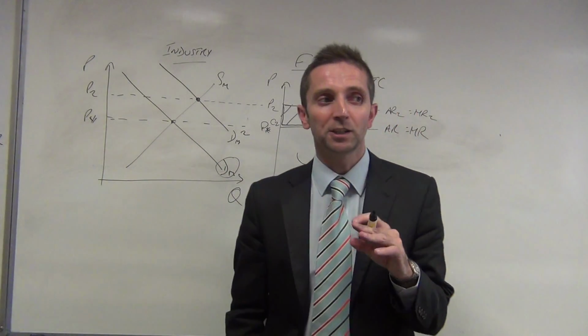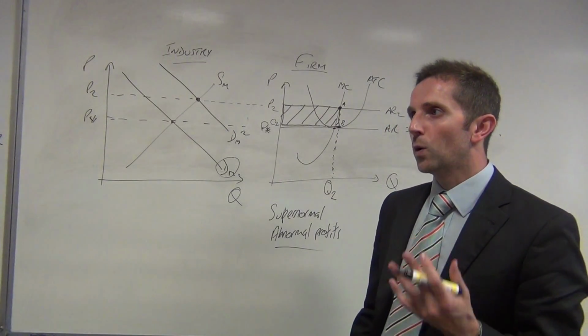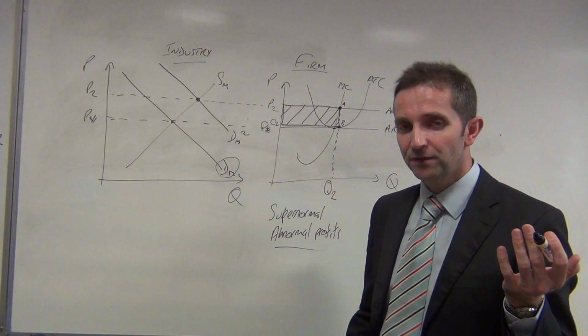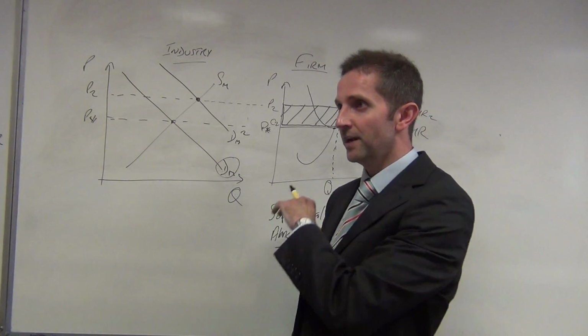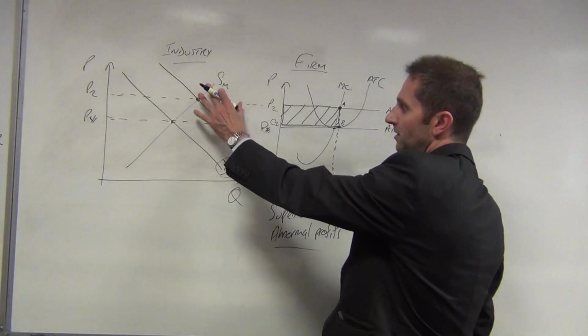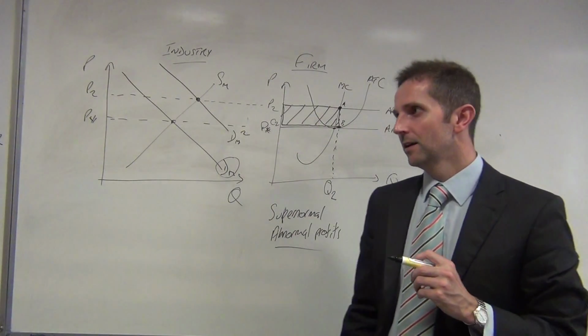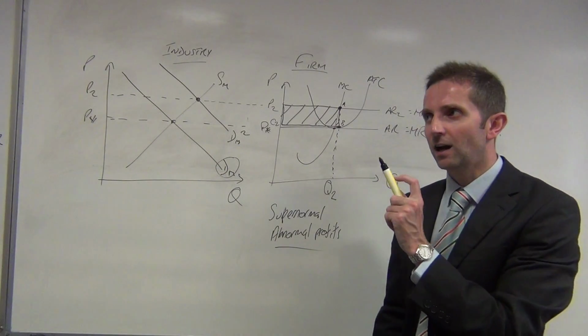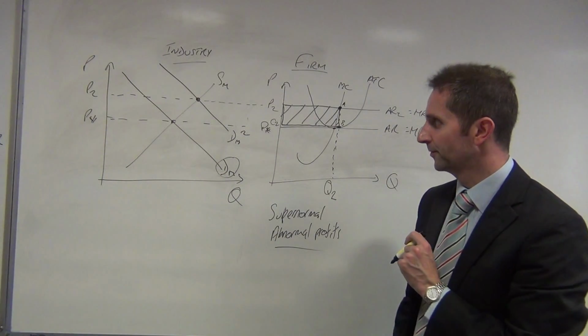Now, in a perfectly competitive market, where one of the characteristics is that there's freedom of entry into the market and freedom of exit, if you're on the outside looking in at this industry, you would think to yourself, my goodness, I want a slice of this market, I'm going to take it for myself.